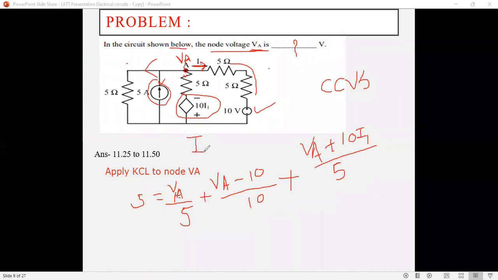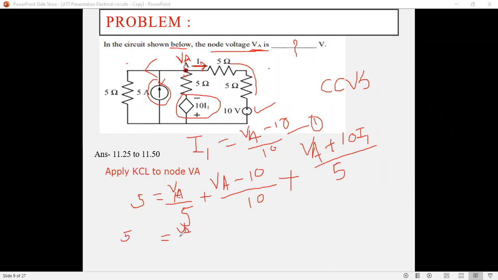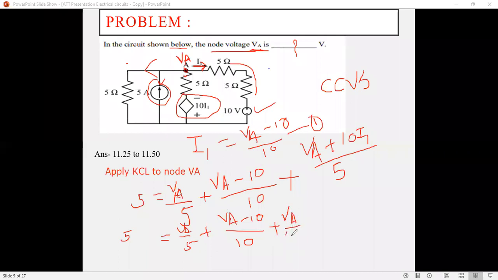So I1 is equal to, written in the form of V, VA minus 10 divided by 10. So this is one equation. Now put the value of I1 in here. So it becomes 5 equals VA divided by 5 plus VA minus 10 divided by 10, then plus VA divided by 5.